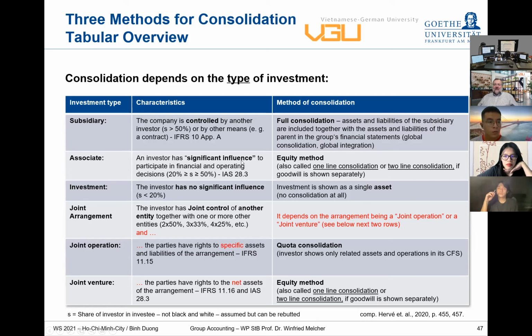And on page, what was it, 153? Or is it 151? 153? We have the basis of consolidation, okay?